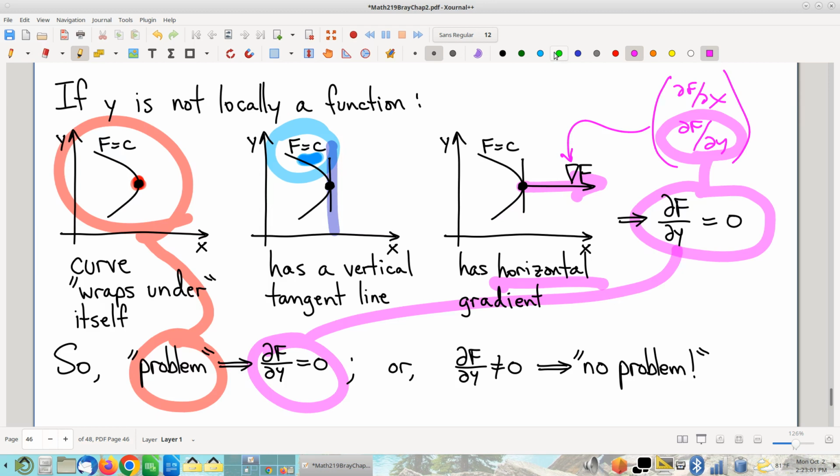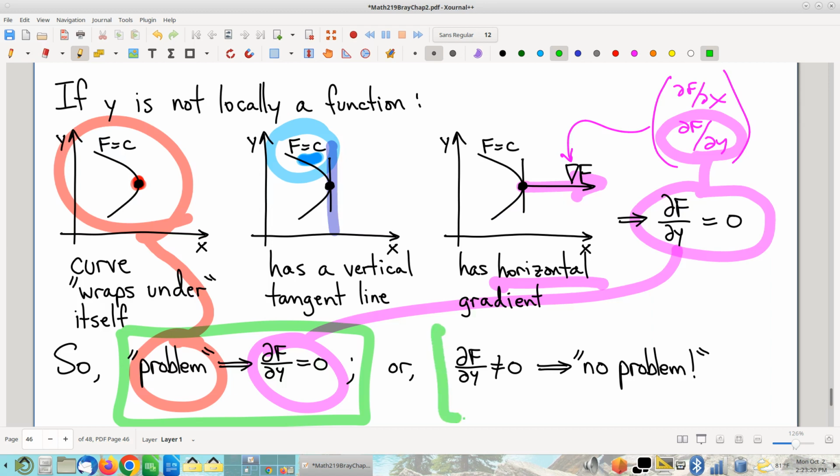All right, now I'm going to take this argument that we've just made. If you have a problem, then the y partial will be 0, and I'm going to wave the magic wand called contrapositive. Contrapositive means you turn it around and say not in front of both sides of the implication.